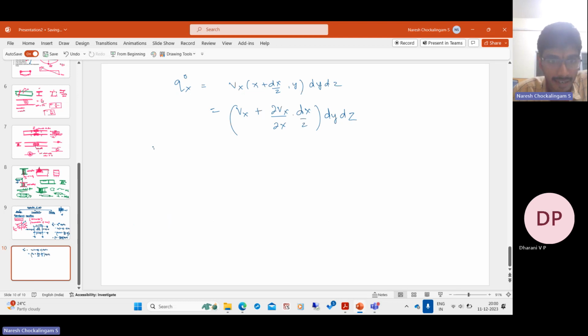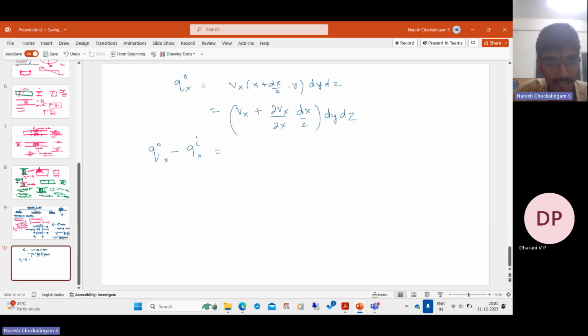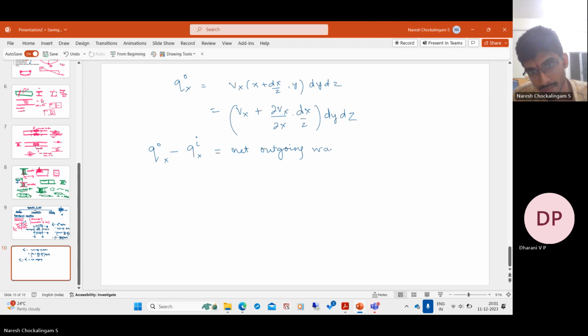Now, what is the net thing? The outflow minus the inflow is the net water that is leaving the control volume. This is similar to the control volume in fluid mechanics, but this is a saturated soil mass. It's almost the same. So this is the net outgoing flow.